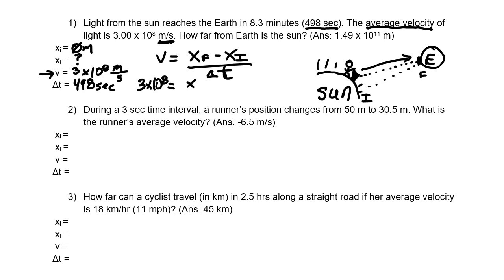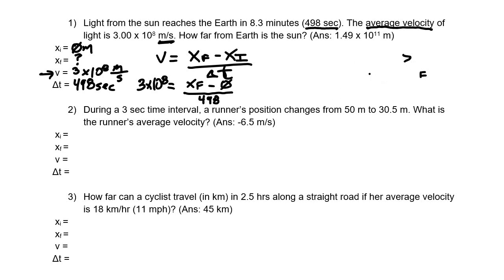But for myself, I don't mind if you exclude the units. It just makes it a lot easier to manage going through these problems. So xf minus our initial position of 0, divided by our delta t, which is 498. And we solve this out for xf, and we should be able to get our answer.